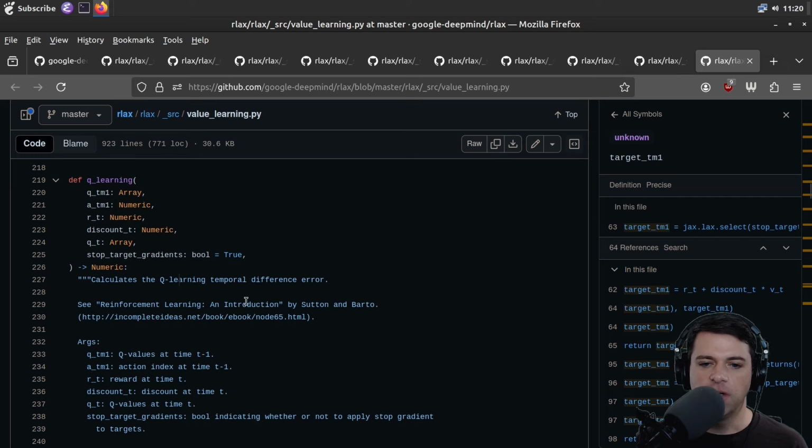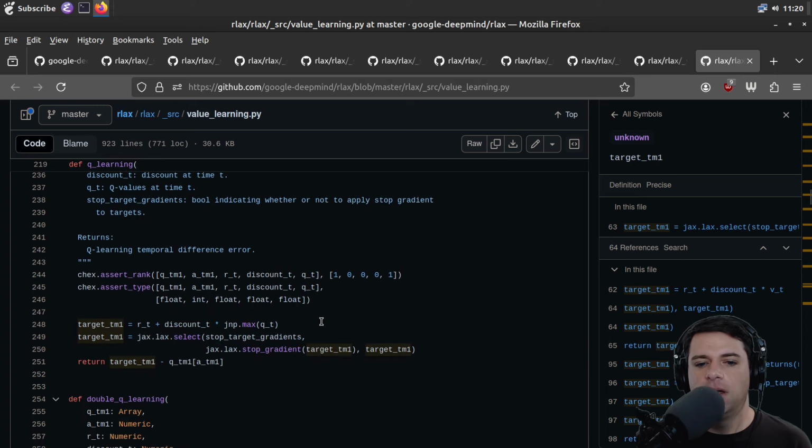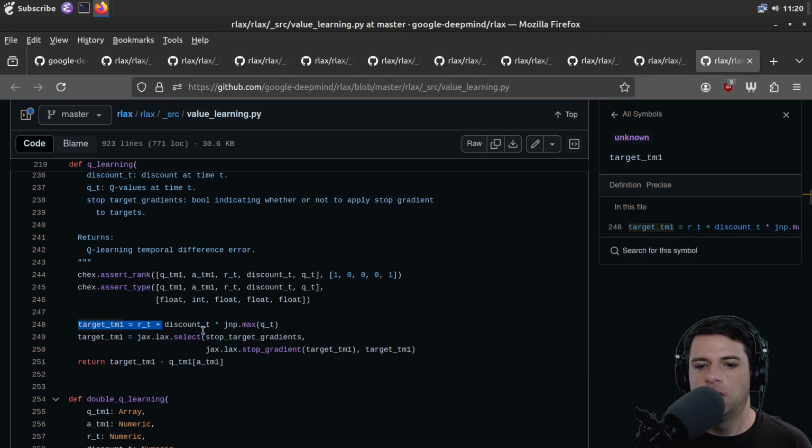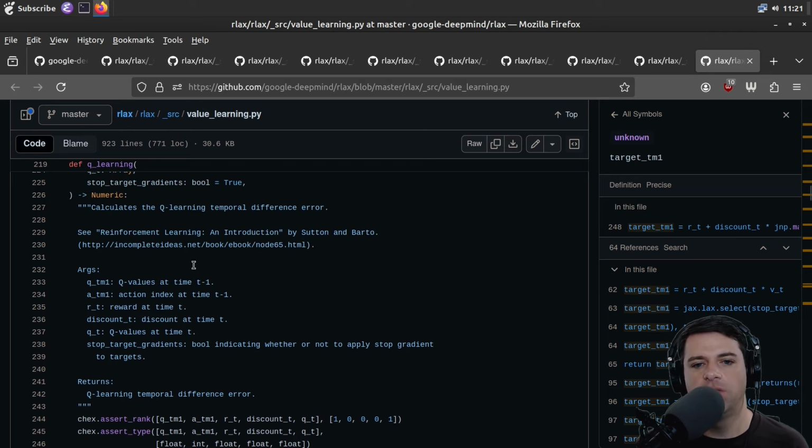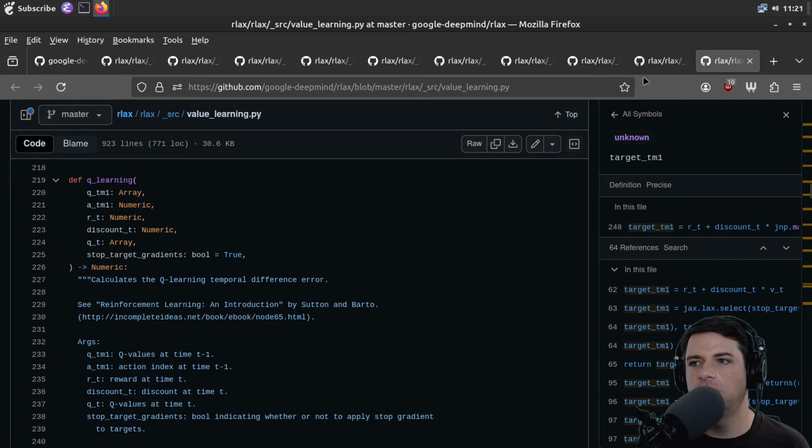See, reinforcement learning, an introduction by Sutton and Barto. I think somebody was telling me in the Discord that they used the Sutton and Barto book in their class. And I guess this is like how to compute the value function, given standard parameters. Is that what this is? I think that's what this is.